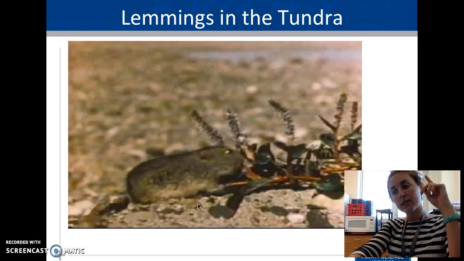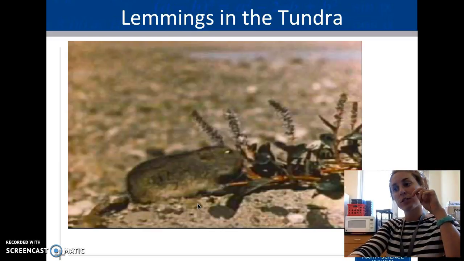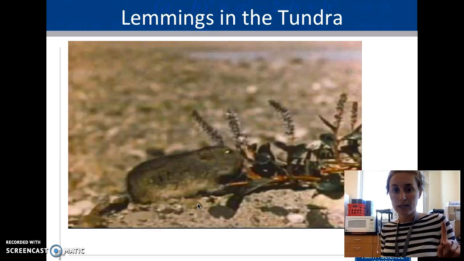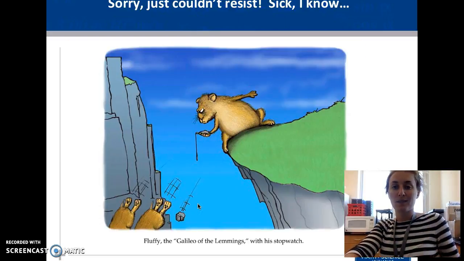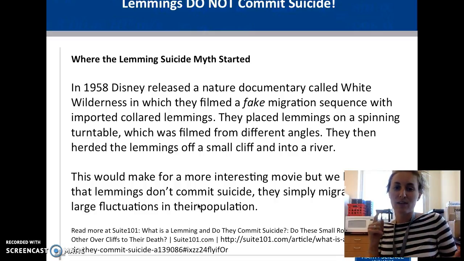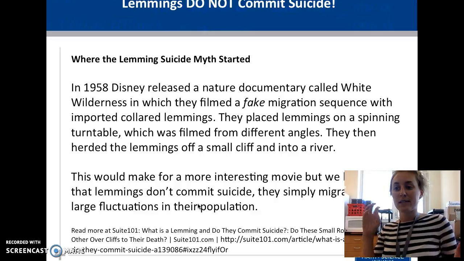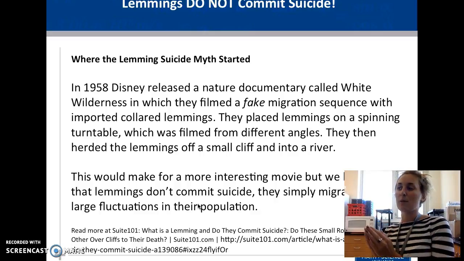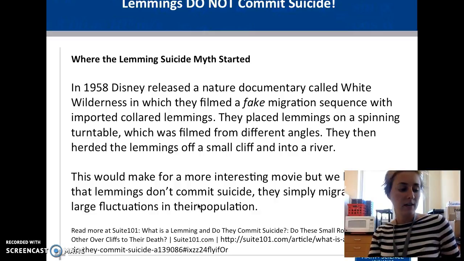Something to remember is that just because my population size changes does not mean that things are dying. This is a mistake we made when we talked about lemmings. Lemmings are these little furry critters that in a Disney movie, and Disney movies are darker than we think, showed this mass exodus of lemmings jumping off a cliff to their death because in the US they were experiencing these weird fluctuations in population.